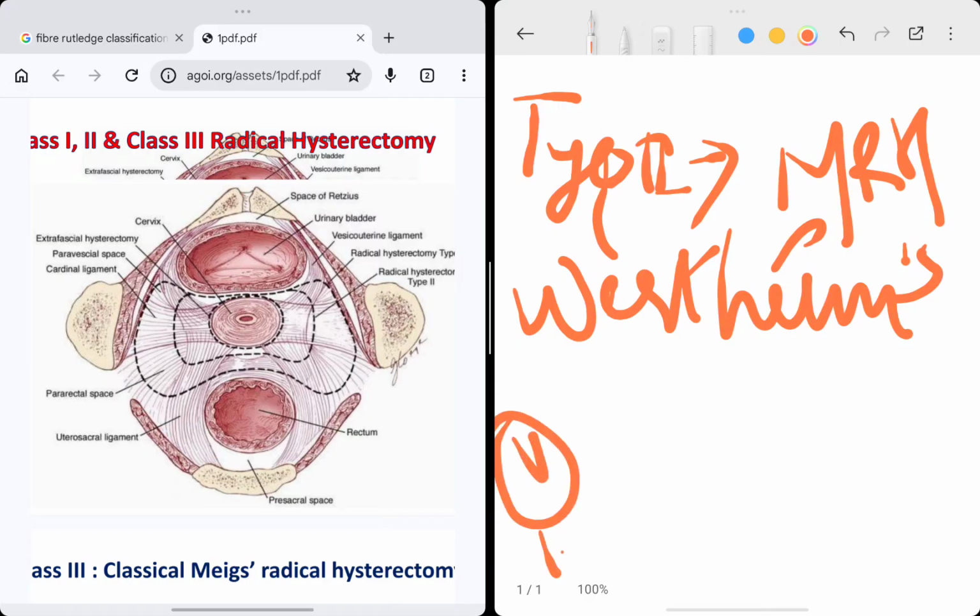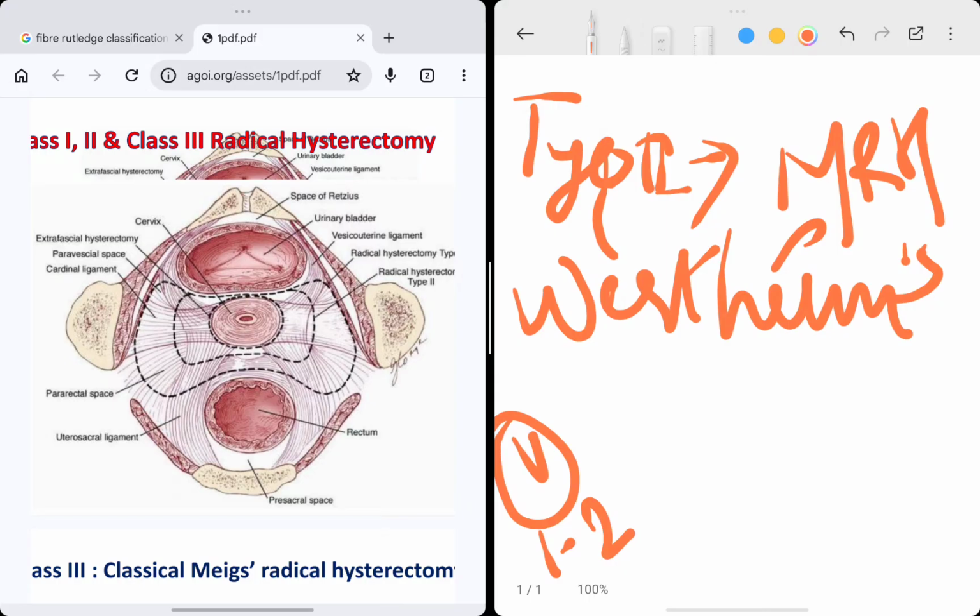The bladder is partially mobilized, just like the extrafascial hysterectomy. Ureter is unhooked in a parametrial tunnel, unroofing is done, and uterine artery is ligated medial to the ureter.